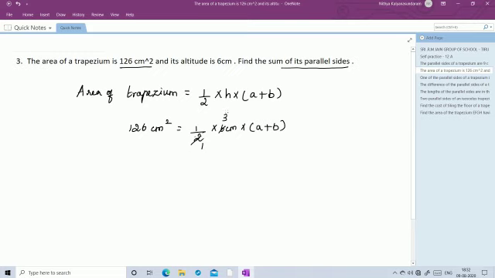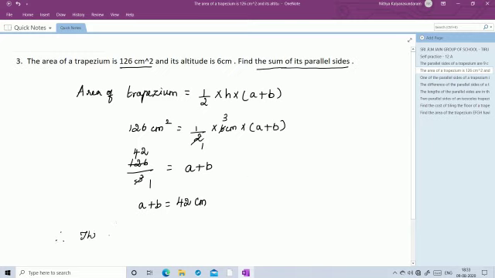So 2 table we can cancel 1 time, then 3 times. So if we are moving that side, it should be divide. So 126 by 3 is equal to a plus b. Then 3 table we can cancel, 3 ones are 3, 3 fours are 12, 3 twos are 6. So the sum of the parallel sides is 42 centimeter. So a plus b is equal to 42 centimeter. So we got the sum of the parallel sides is 42 centimeter.